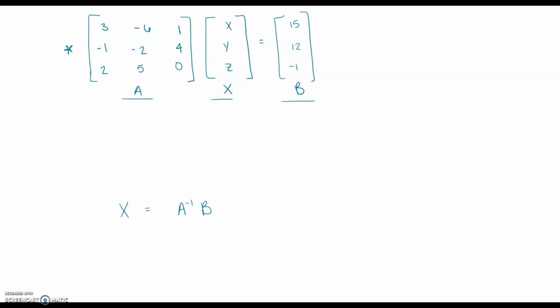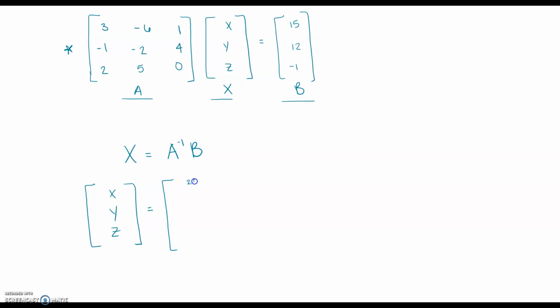Now, the next step is X is going to equal A inverse times B. So what we need to do next is figure out A inverse. What we're going to do is in our graphing calculators, we're going to create matrix A and raise it to the -1st power. So I just did this in my calculator. I'm just going to label this on the top: X equals A inverse B. So X is X, Y, Z. And in my calculator, I found A inverse, and it's a lot.